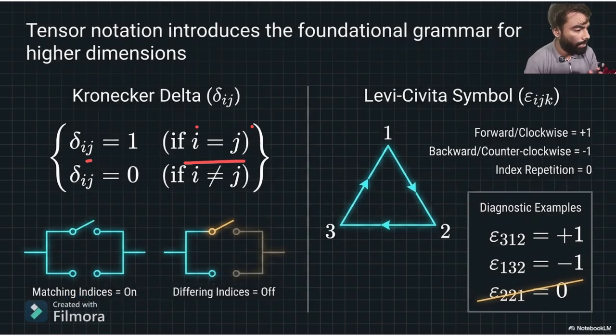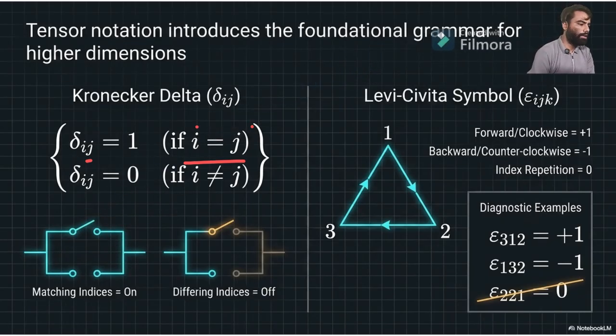But Levi-Civita is also an interesting thing. As we have discussed, x, y, z are our axes; in Levi-Civita we will consider our axes as 1, 2, 3. Now if you see your axes 1, 2, 3, it is a forward cyclic.